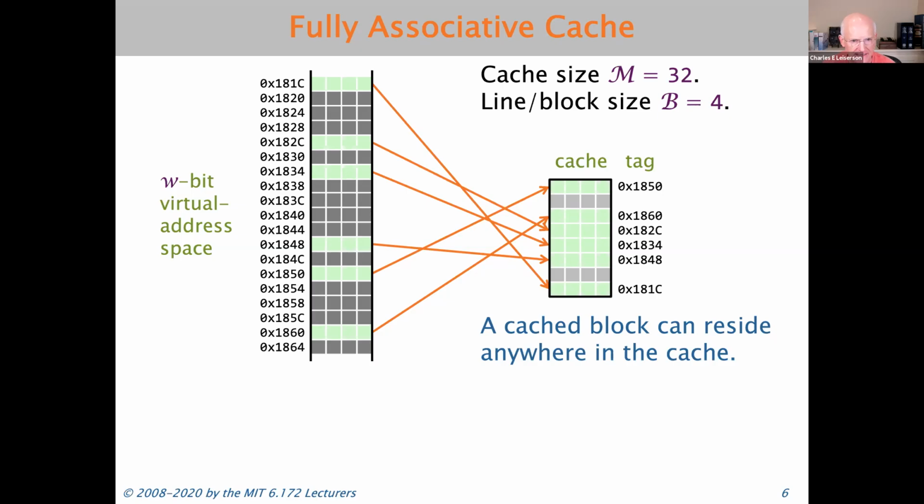So you can see I've got 8 cache lines in this cache. By the way, what's the difference between a cache line and a cache block on Slack? Does anybody know what the difference between a cache line and a cache block is? Nobody typing?